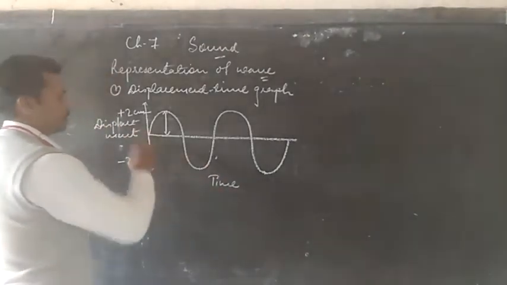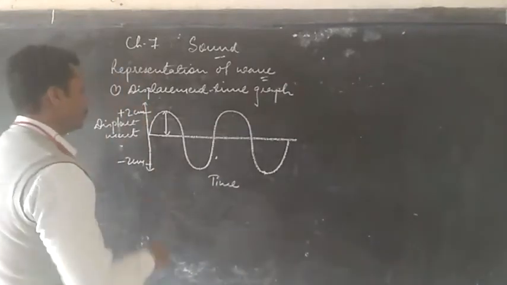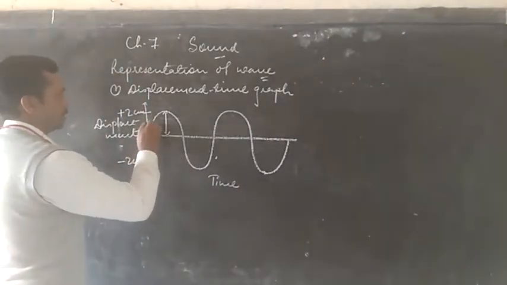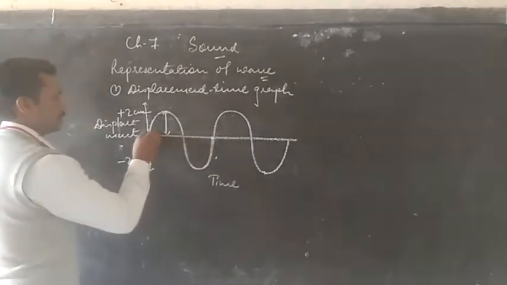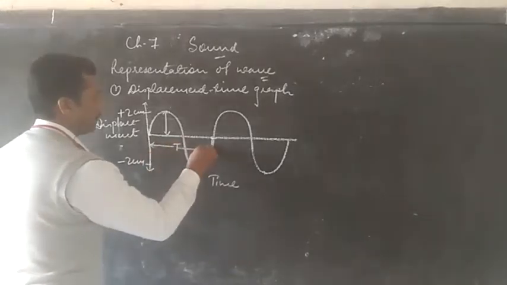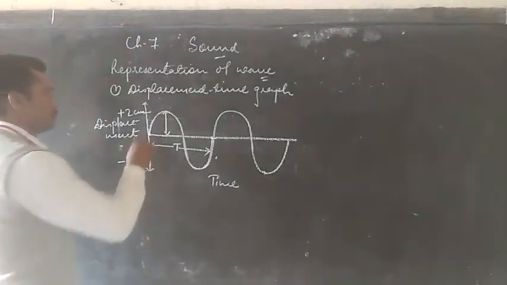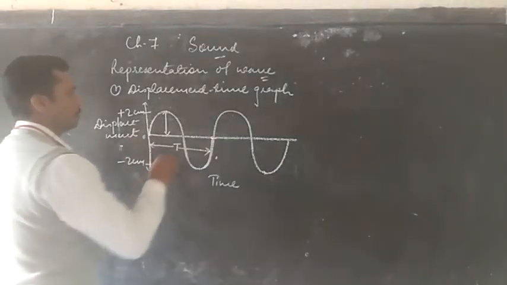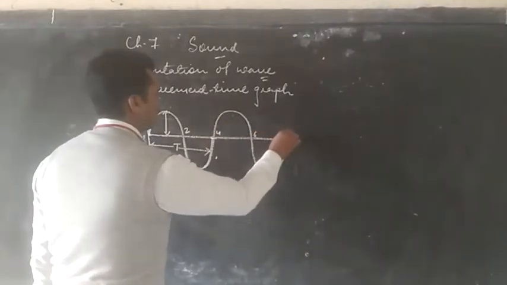Now, since the x-axis represents the time, and you know the time period is the time taken to complete one wave, from this point to this point will give you the time period to complete one wave. Now, suppose this is 0, we can take this as 2, 4, 6 and 8.